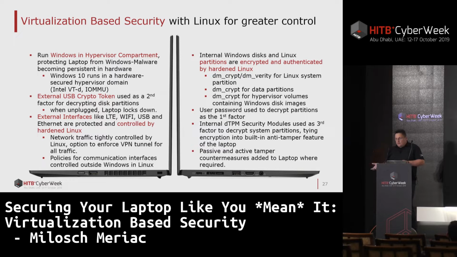Then on top of that, I want a user password, because if someone can steal the USB key from me, I still want to be safe. And by having a user password, I can do the so-called plausible deniability system, because many of you, I think, face the situation where you're at border control and you need to show that your laptop works. You certainly don't want to show the border guard your laptop with your actual work system.